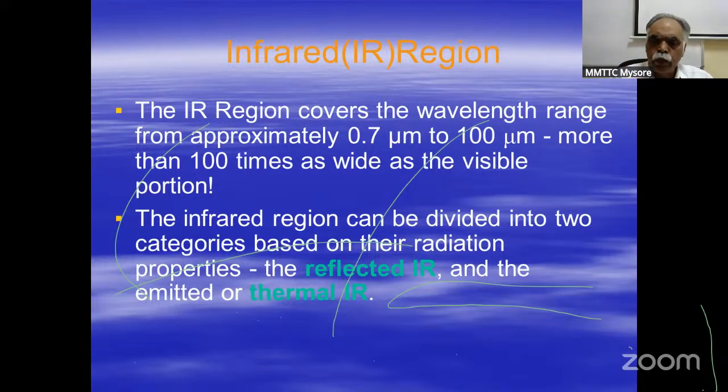And we are using the infrared region for many applications. The infrared region can be divided into two categories based on their radiation: the reflected infrared and the thermal infrared. The reflected infrared is available for thematic mapping. Thermal infrared is available for climatic information.